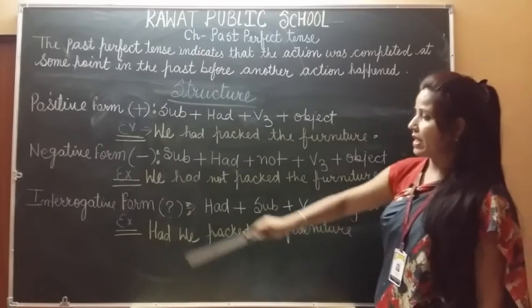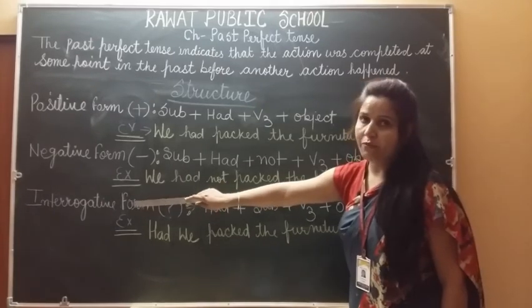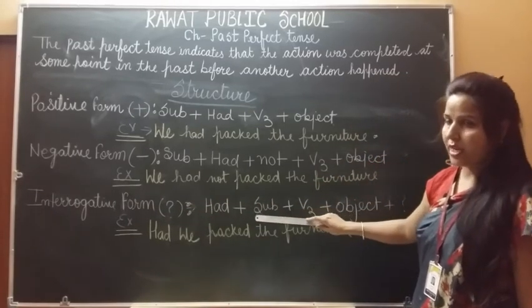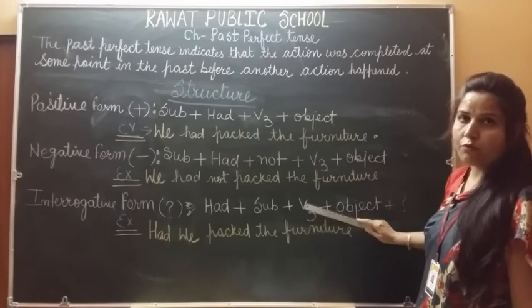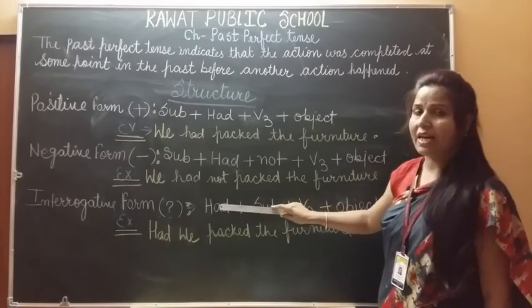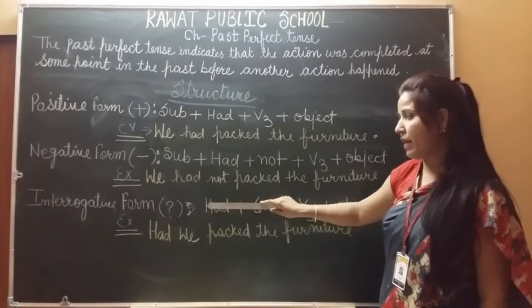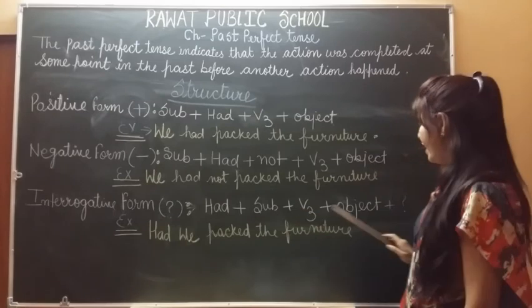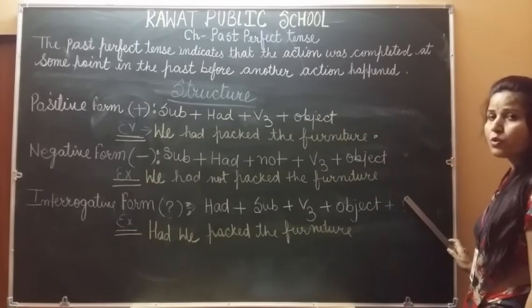Okay, so let's see the interrogative form. The structure is had, then subject, then verb third form, then object. Before the subject I will write my helping verb had to make an interrogative sentence, and at the end of the sentence I will put a question mark.